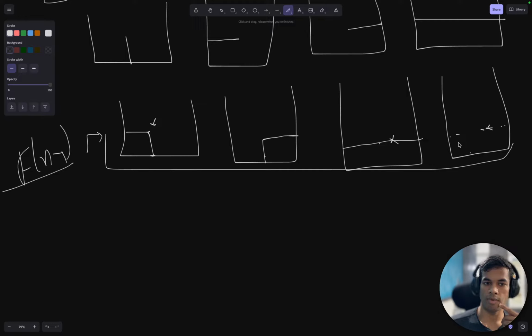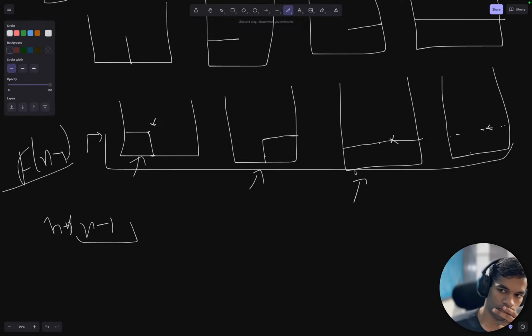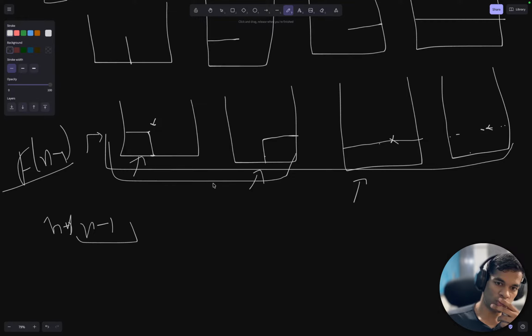If I have made this choice on the nth row, then on the n minus 1th row, I cannot go with this. I can go with this though. So these two possibilities are eliminated in that case.